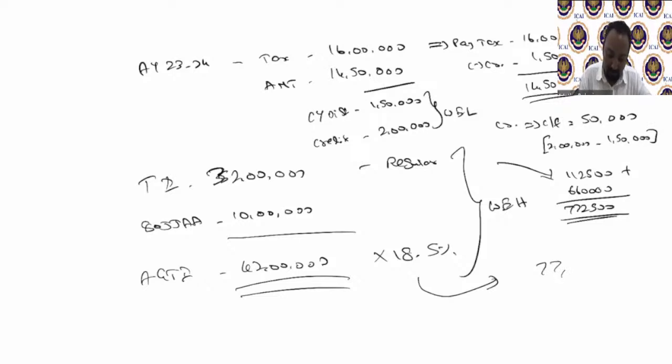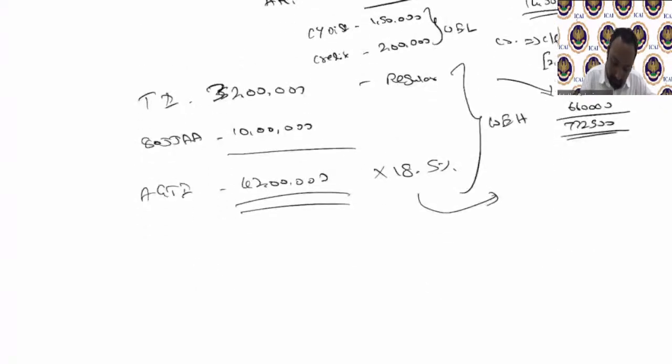So 4,20,000 into 18.5%. So it is 7,77,000. Right? So this is your AMT, and this is your regular tax.